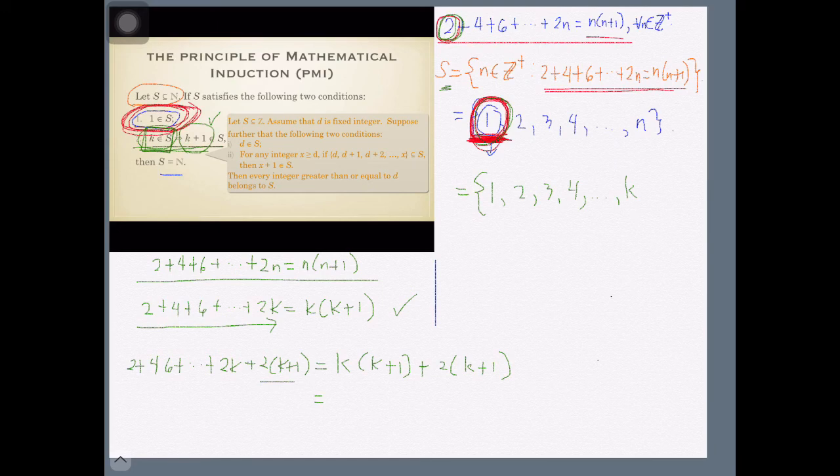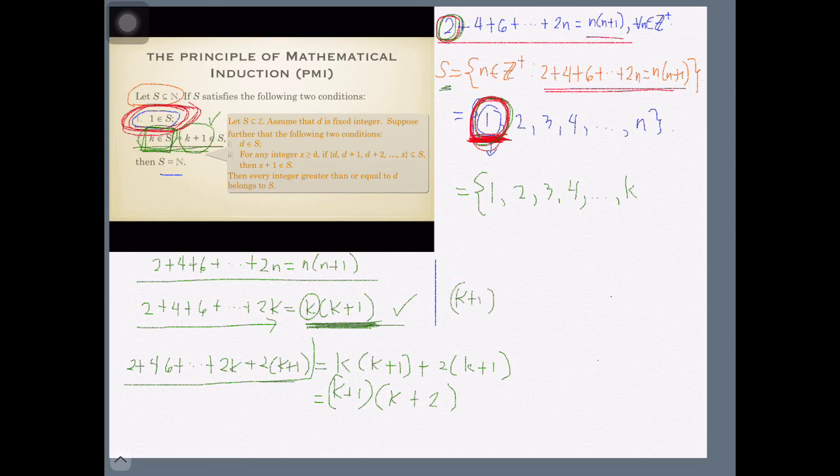There. Adding k plus 1 to the right side of the equation will give us this. Now for us to show that k plus 1 would also work there, since we're already done with the left side here, what we want to work on this time would be the right side. We want the right side to look something like, instead of k, it should now be k plus 1.